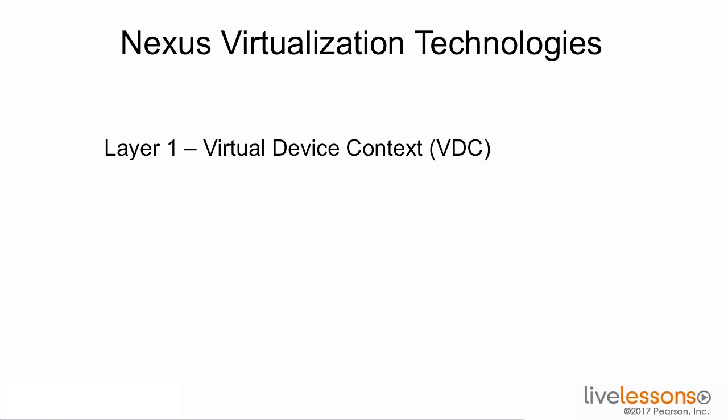First, there's a feature called Virtual Device Context, and we'll talk about that feature more in depth later, but what we're actually doing is taking a physical device and dividing it up into virtual switches. These virtual switches are just that.